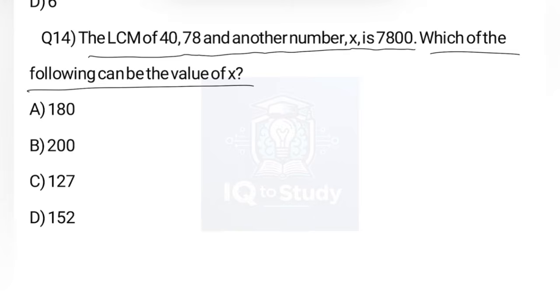The LCM of 40, 78 and another number x is 7800. Which of the following can be the value of x? Let's take the LCM of 40 and 78.